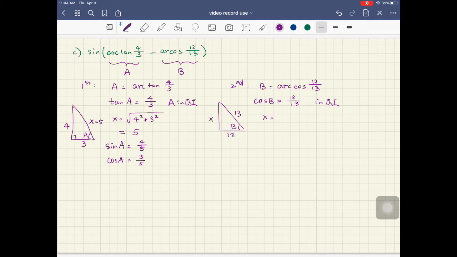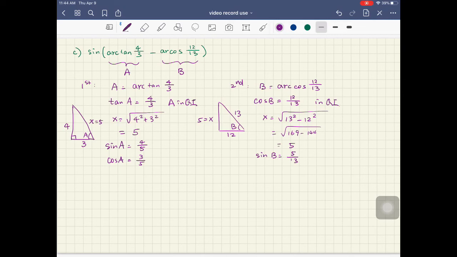Then x equals the square root of 13 squared minus 12 squared, 169 minus 144, which is 5. So from this analysis, what I know is sine of B equals 5 over 13.